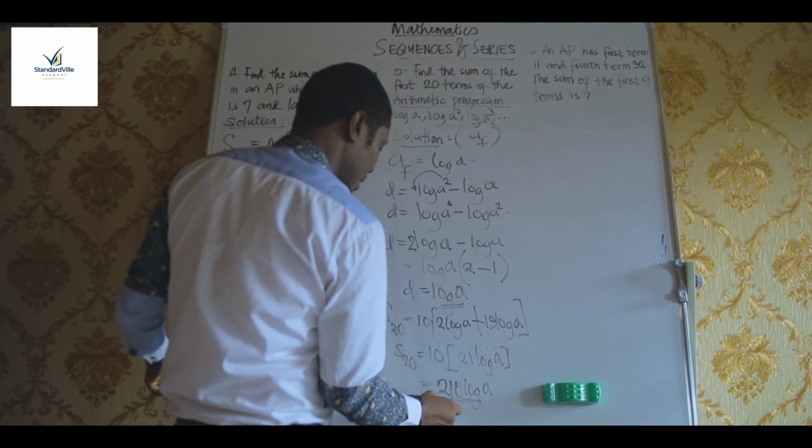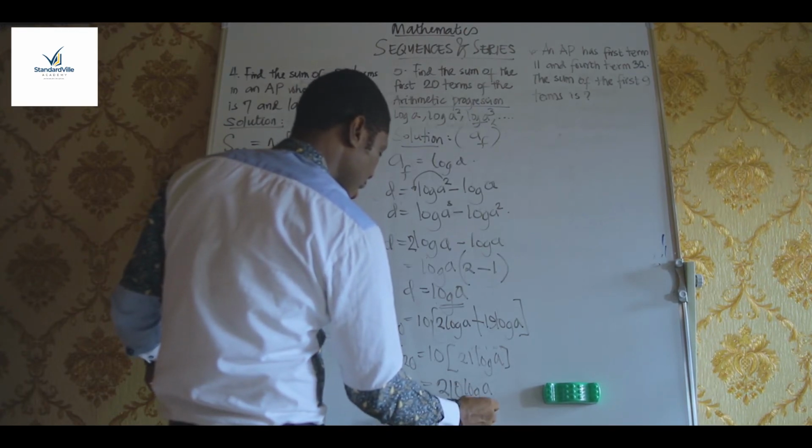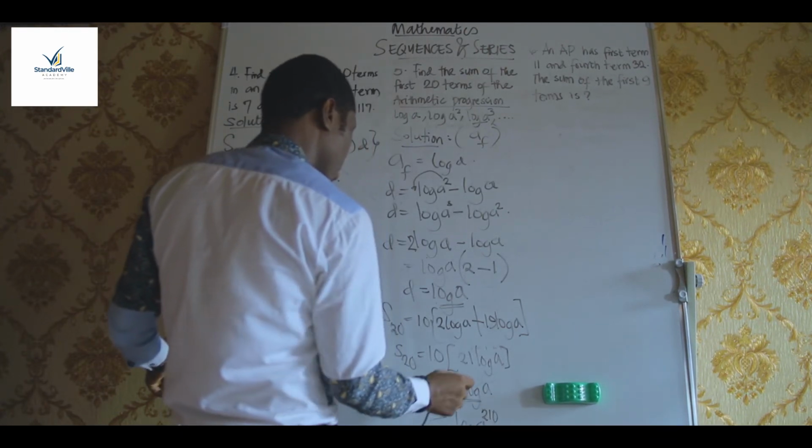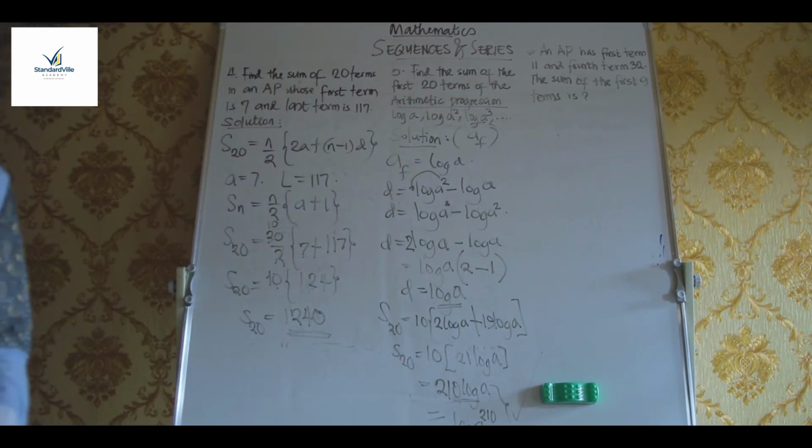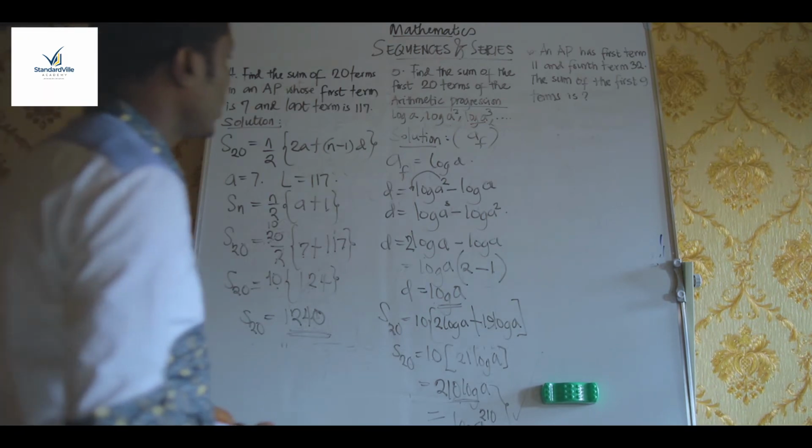I could also write the answer as log A raised to the power 210. Both of them are correct: 210 log A, or logarithm of A raised to the power 210.